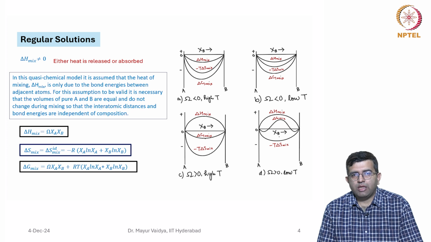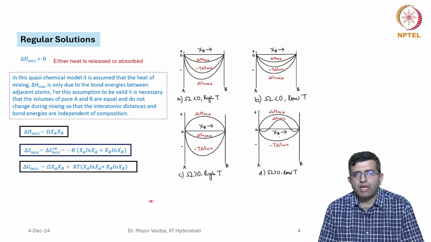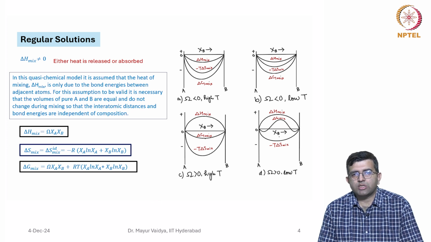But if we lower the temperature such that at some compositions this omega XA XB term or delta H mix term is able to overcome the T delta S term, then you will have a situation like this, where for a certain composition range, the delta G mix becomes positive. So, what it means is that in this composition range from this point here to this point here, the delta G mix is positive.